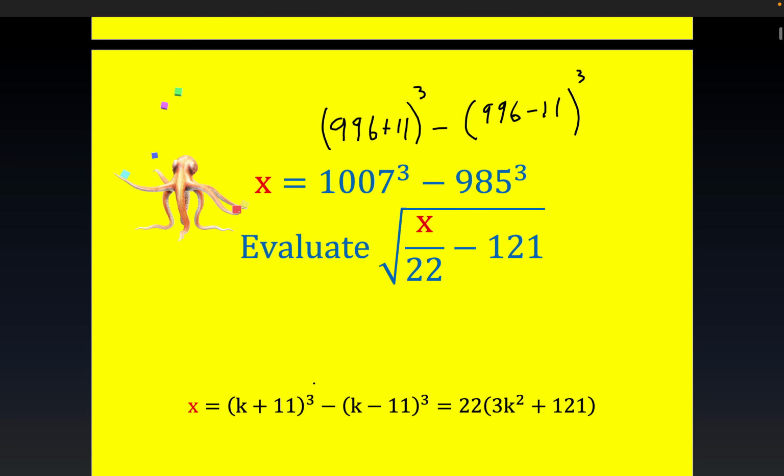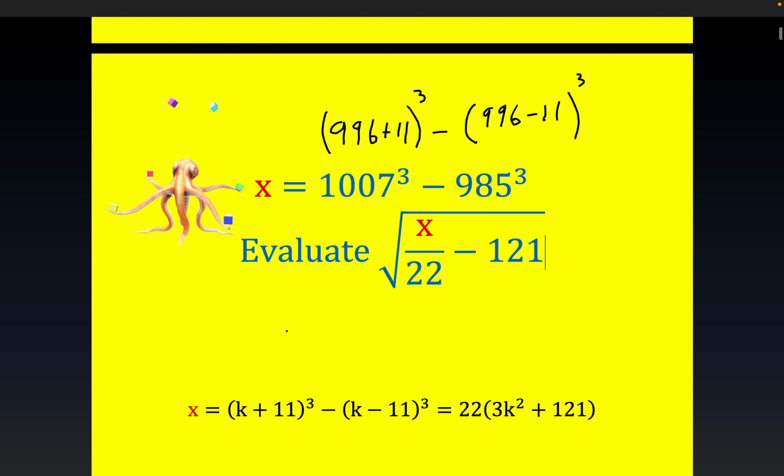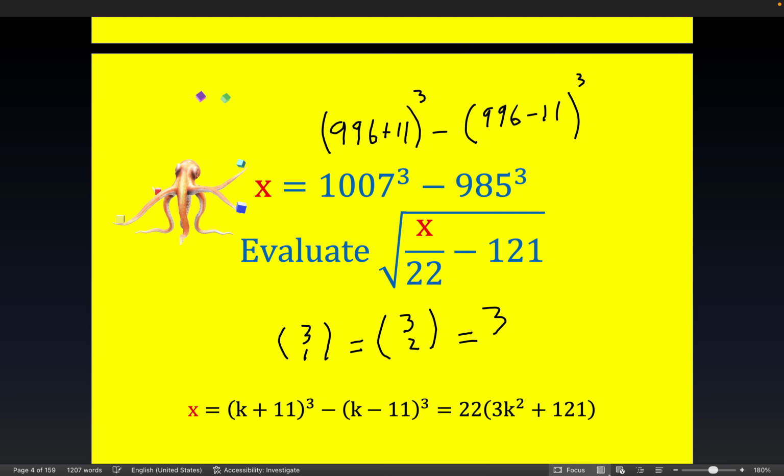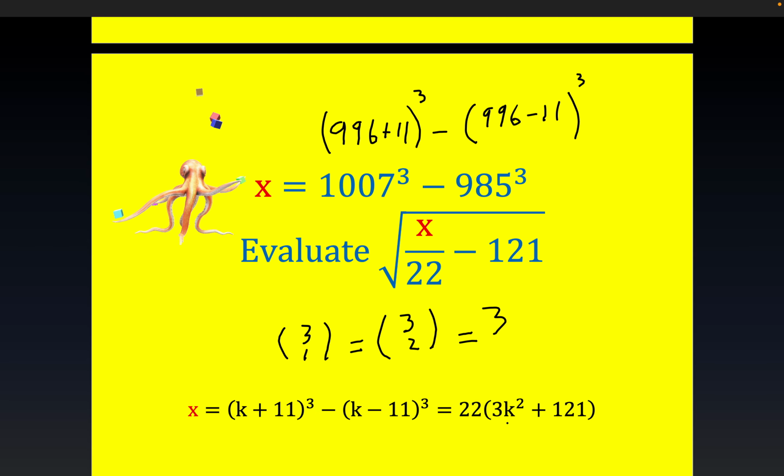Anyway, notice that what's going on here is the binomial coefficients: 3 choose 1 equals 3 choose 2. That 3 is important here. In this part right here, the k squared term would last, right?